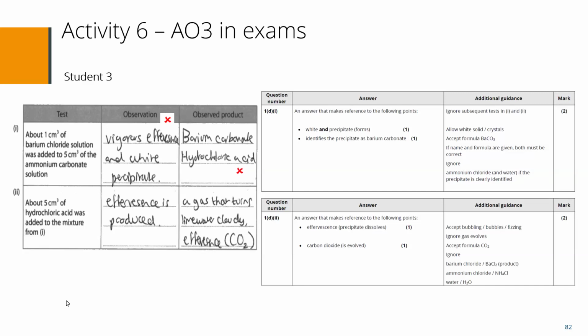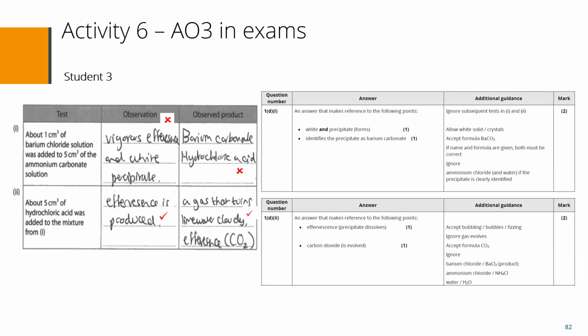And they've written down hydrochloric acid as well as barium carbonate, and that is not an observed product, and therefore they lose the mark for barium carbonate. So this is a very good example to show to your students about how this candidate has lost 2 marks, even though they've actually given 2 correct answers. Effervescence is fine, turns lime water milky, absolutely fine.